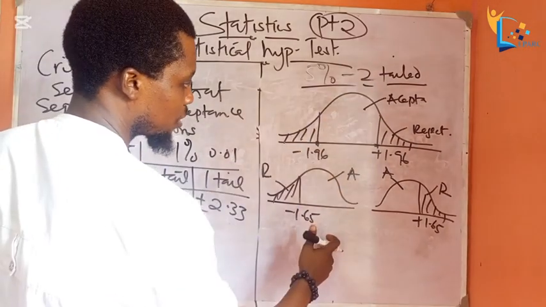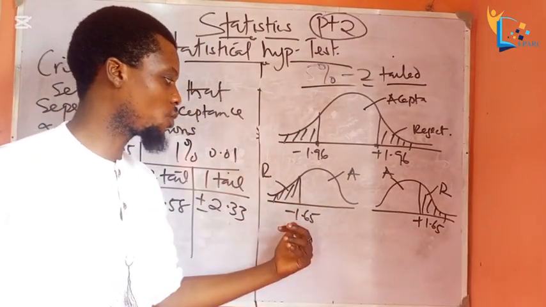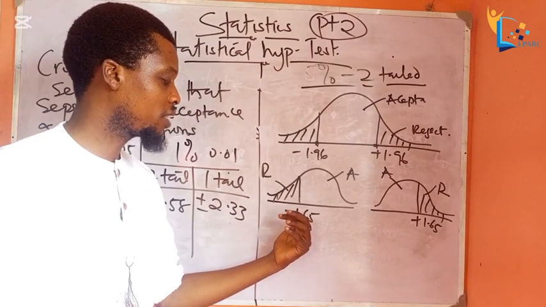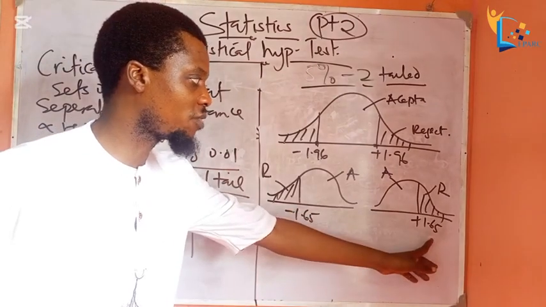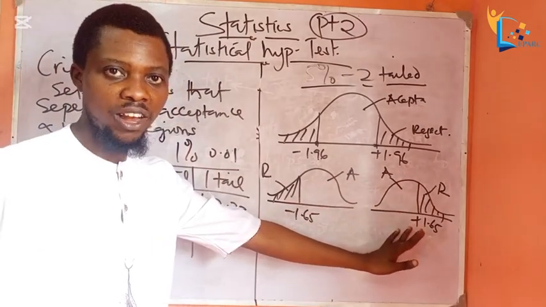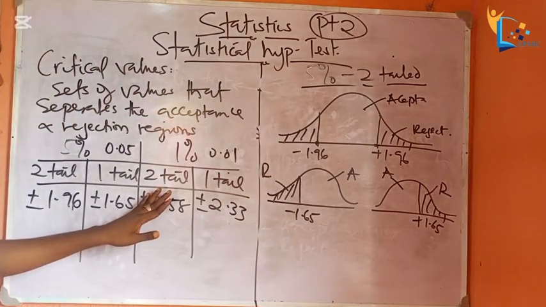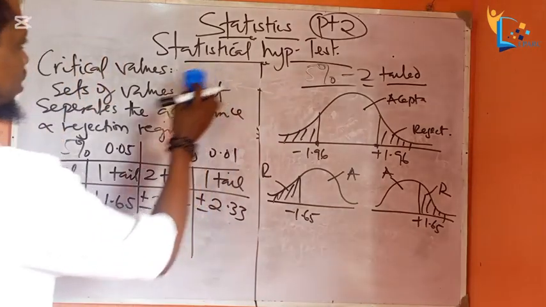So it depends on the values you're working with, either negative 1.65 or positive 1.65, depending on the side of the distribution your values fall under.